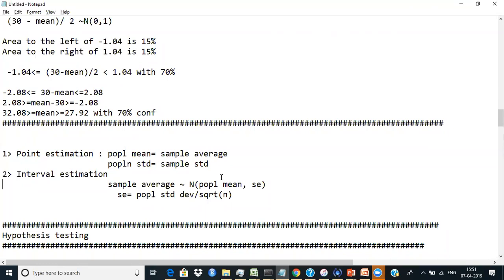Population means, say, if I want to analyze males, then all male population in the world is my population. If I want to analyze cars, all cars in the world is my population. Population is subjective depending upon what you are trying to analyze.